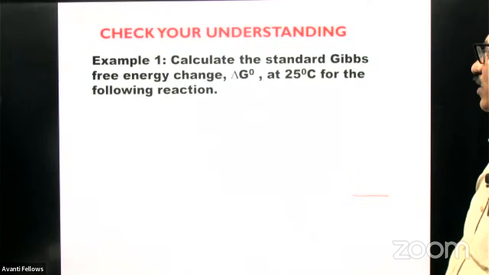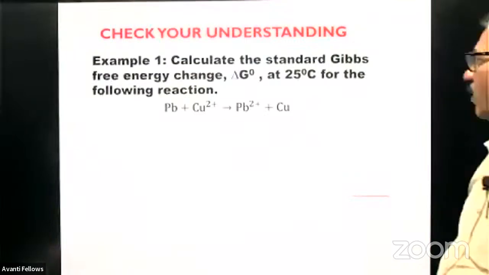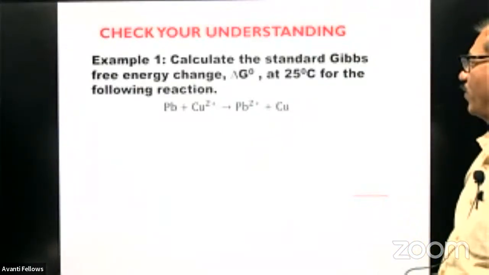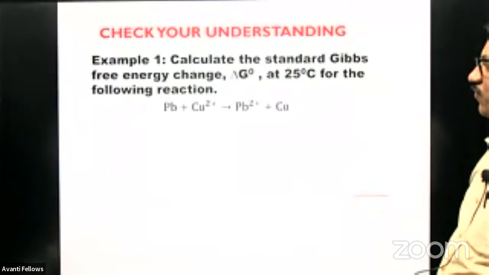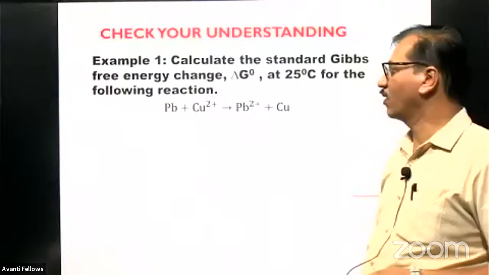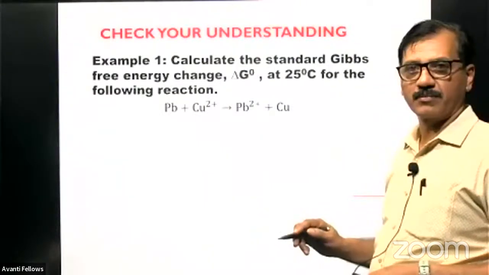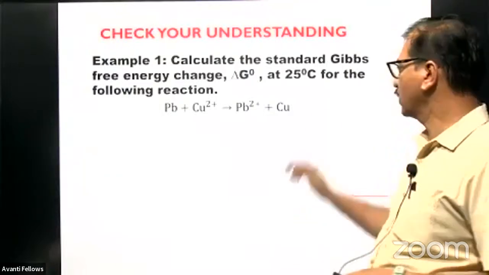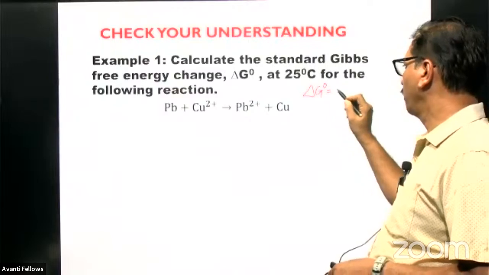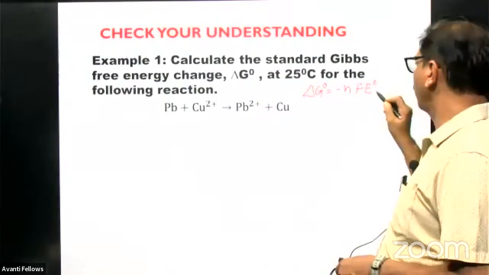Calculate the standard Gibbs free energy change, delta G0, at 25 degrees Celsius for the following reaction. Right? What is the equation that we have to recall? The equation that we have to use here is delta G0 is equal to minus nF E0 of the cell.